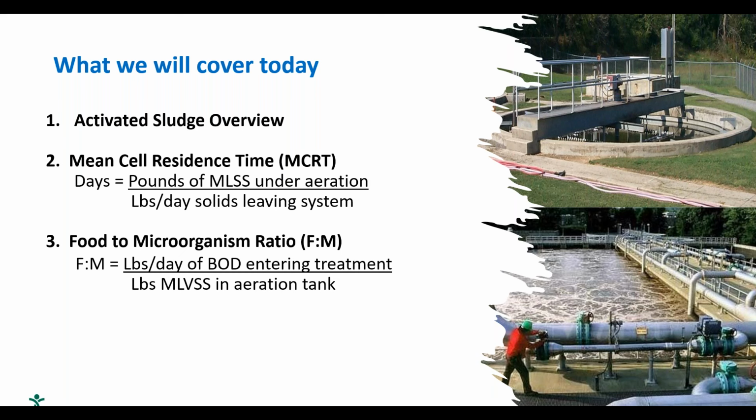These two formulas, mean cell residence time and food to microorganism ratio, are useful even if you have a very different type of activated sludge plant. You could have extended aeration or high rate activated sludge, and these two equations will still help you to figure out how to control the process.